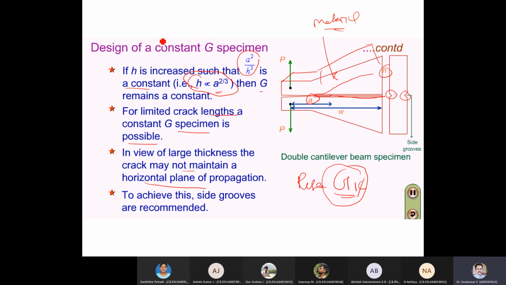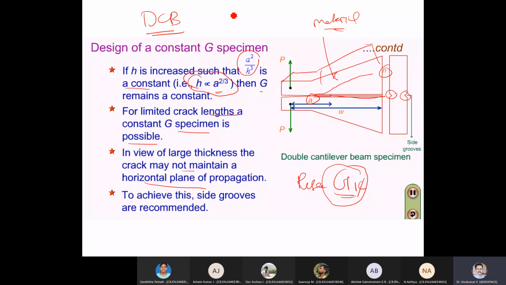So the DCB specimen is an important testing procedure in fracture mechanics, from which we can get the energy release rate. In terms of geometry, we can get it as 12A square over E B square.